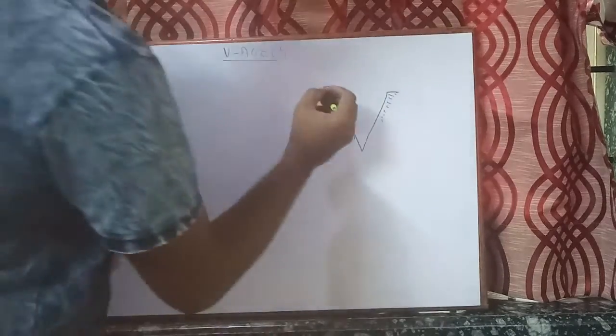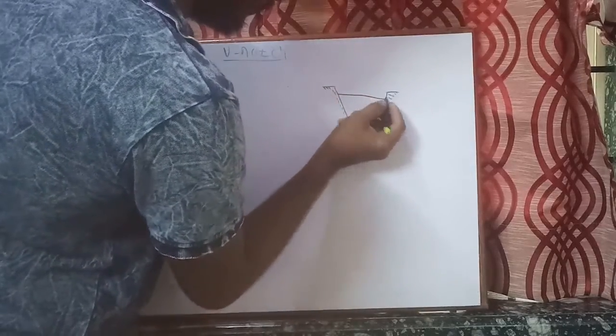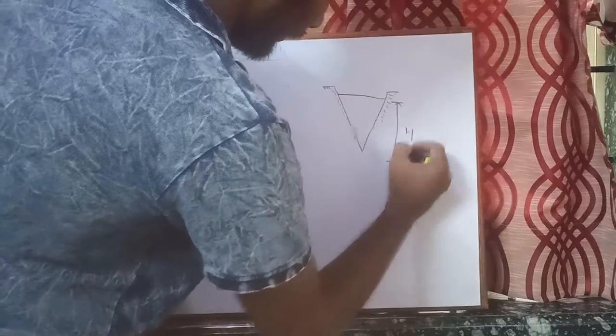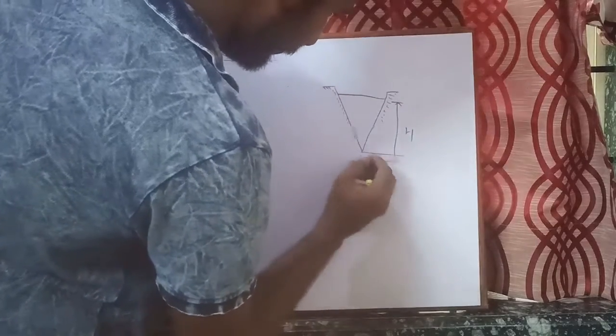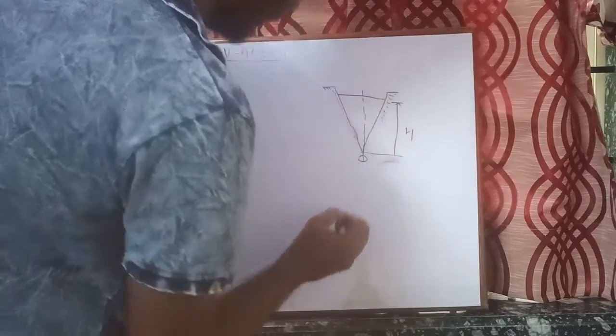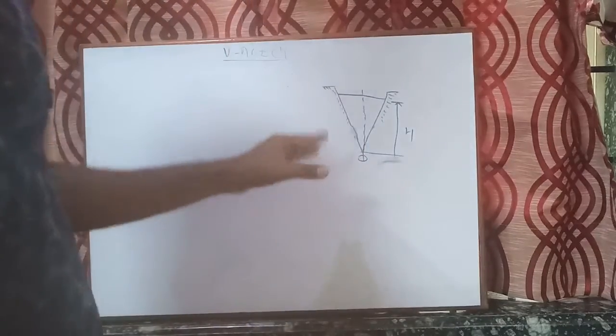Let's say water is up to this point, the height h. I'll just split this in two parts. So this is your notch, and this is the height h.